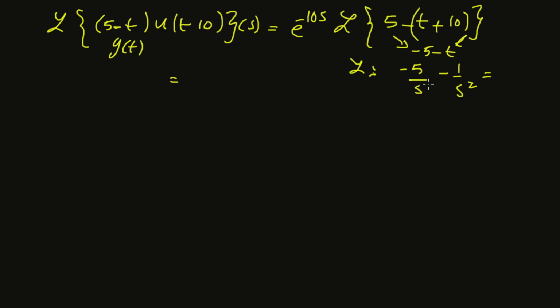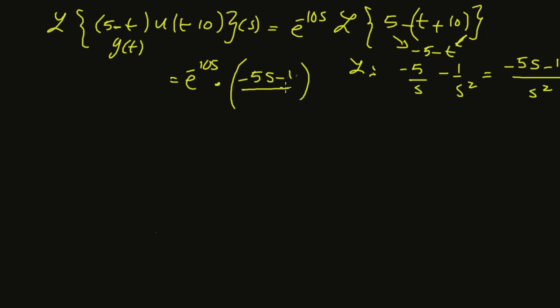So if we combine using the common denominator, it is going to be something like that. Then of course, now we have the exponential part times this negative 5s negative s minus 1 all over s squared.